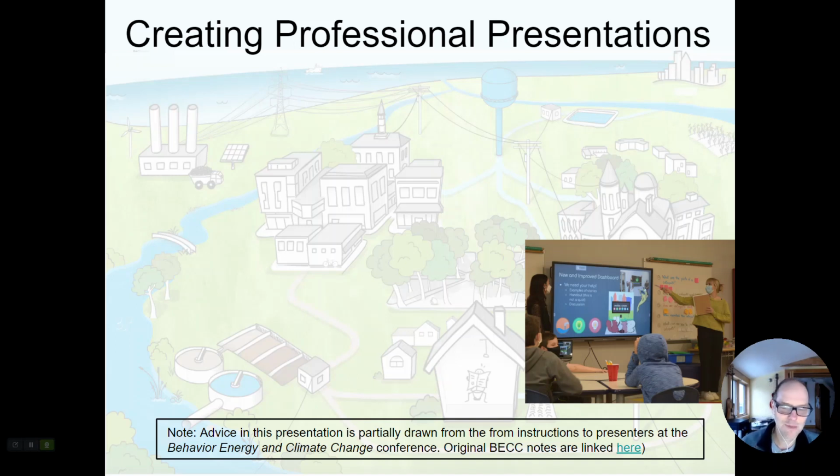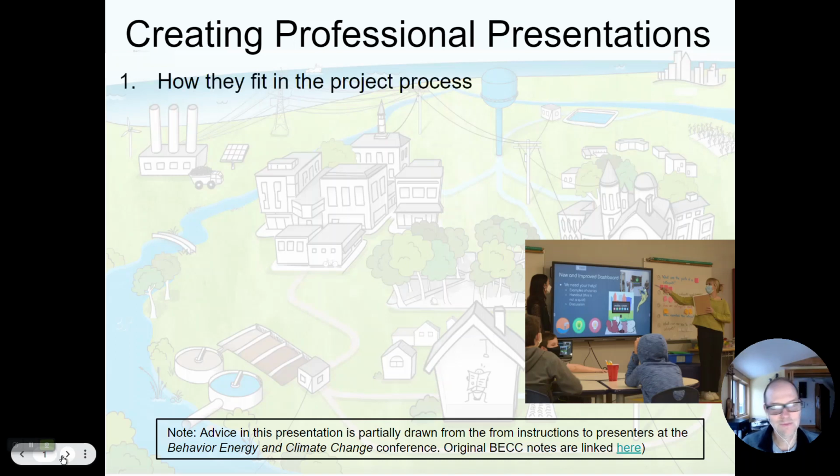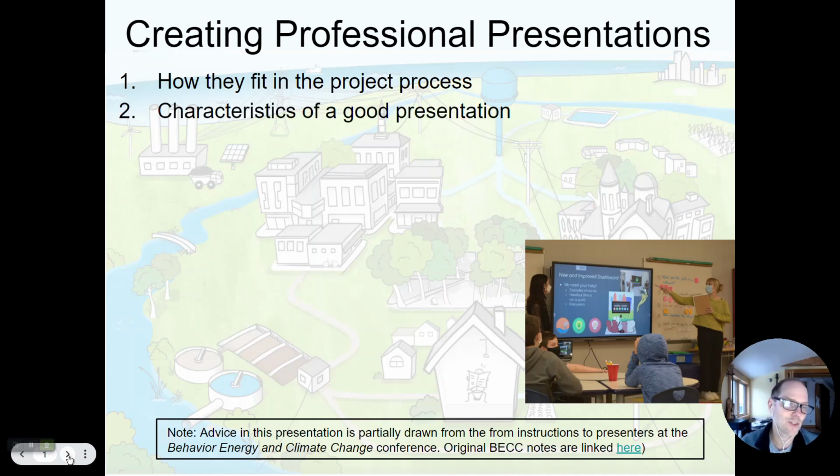So I'm going to talk about 10 different things today. And the first of those is how presentations fit within the context of executing on projects. I'm going to talk a little bit about the general characteristics of a good presentation. I'm going to say a couple words about types of presentations.